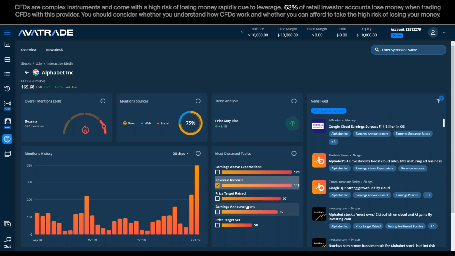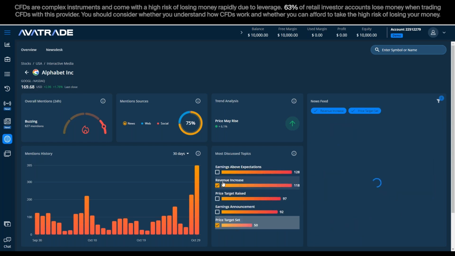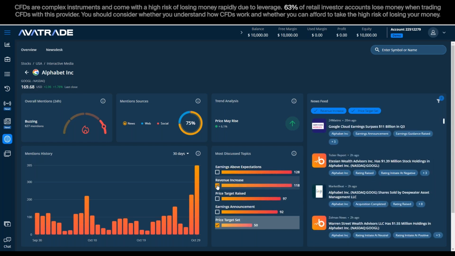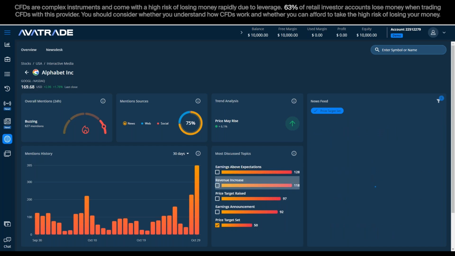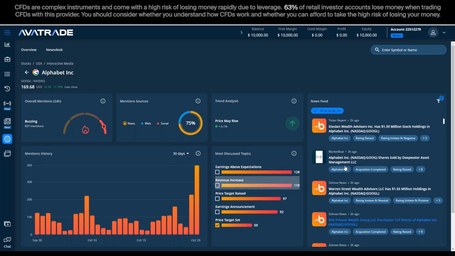If I would like to focus on the price target as an example, I would like to unmark this. And then it's going to show me the articles with the price target set. Okay, apart from that, you can also see here some chart and analyze accordingly. You also see here the difference that it rose, how much it rose.